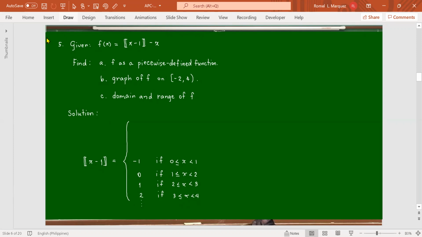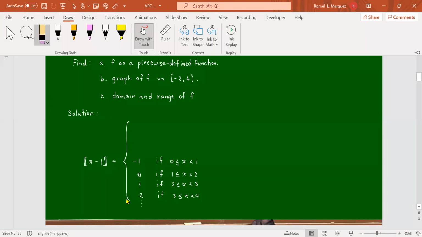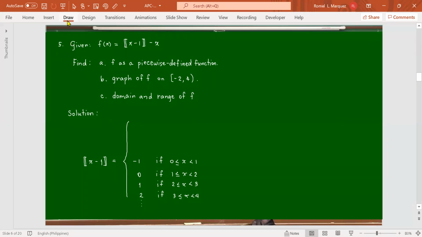Okay, children? And then here, what about here? Negative 1, what's the next? Negative 2, and then the pattern, negative 3. Am I correct, children? And so on.